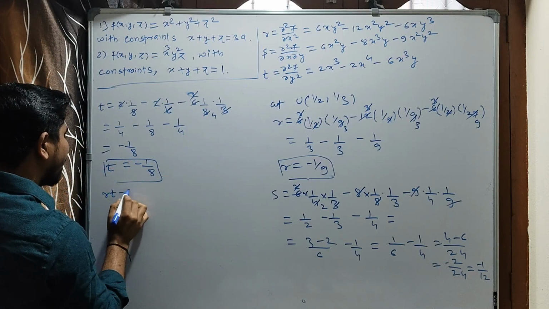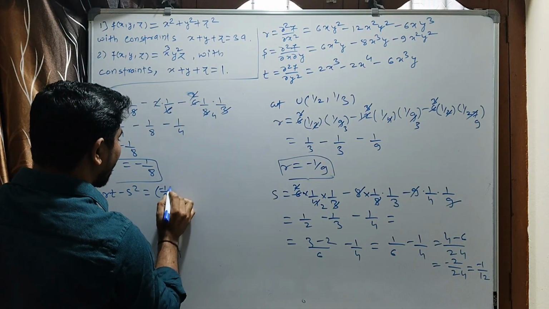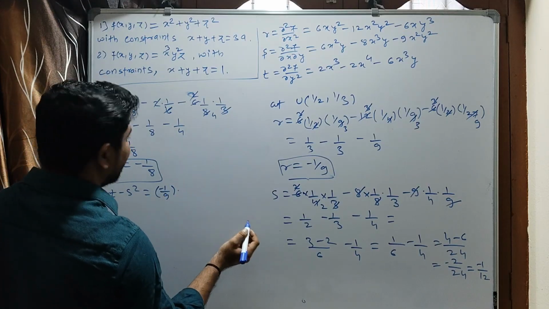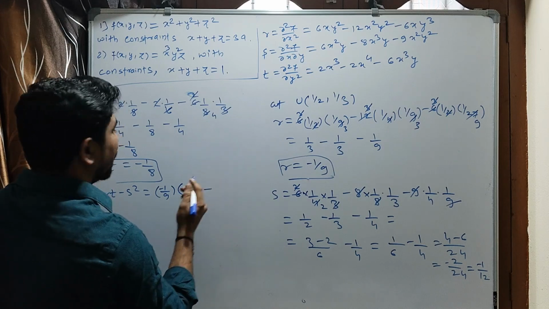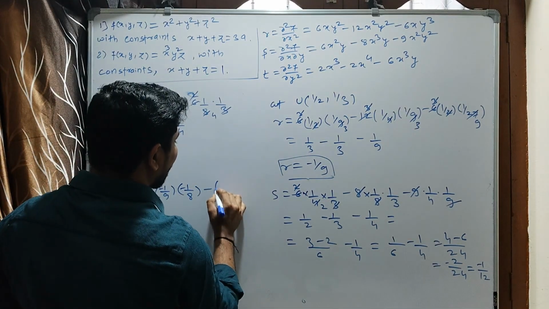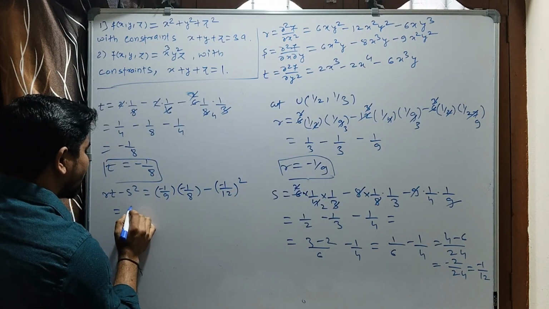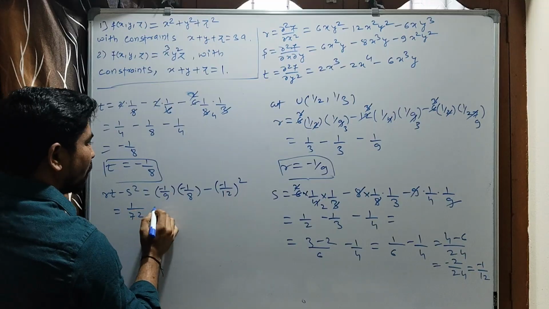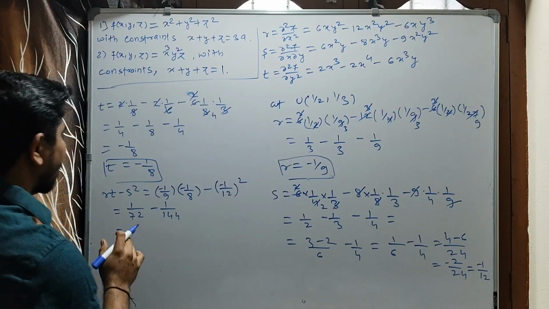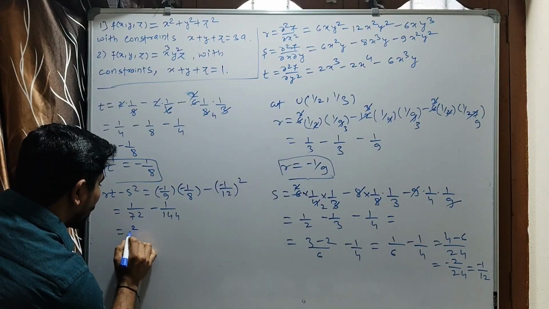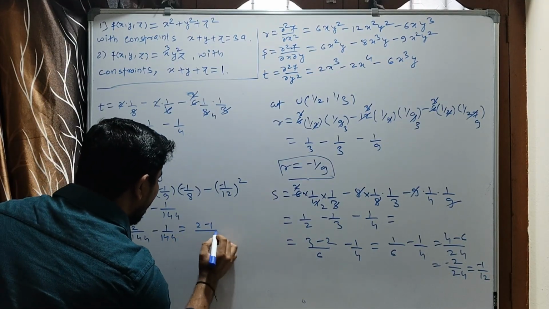Now I want to find rt minus s square. Here r is minus 1 by 9 and t is minus 1 by 8, minus s square. s square is minus 1 by 12 whole square, which is equal to, minus minus plus 1 by 72 minus 1 by 144, which is equal to 2 by 144 minus 1 by 144, which is equal to 1 by 144.